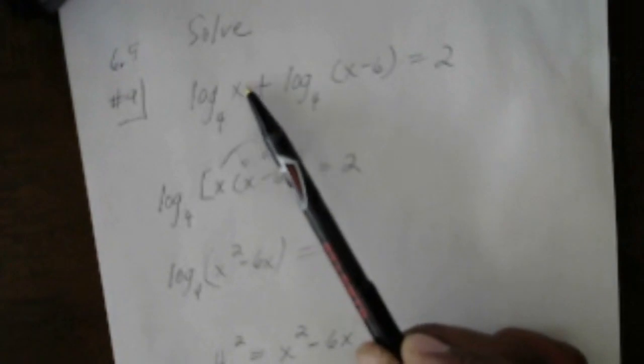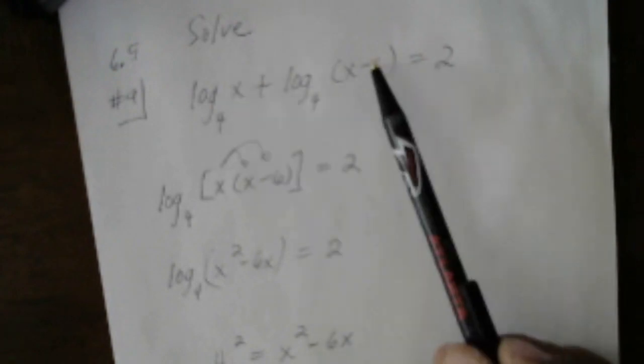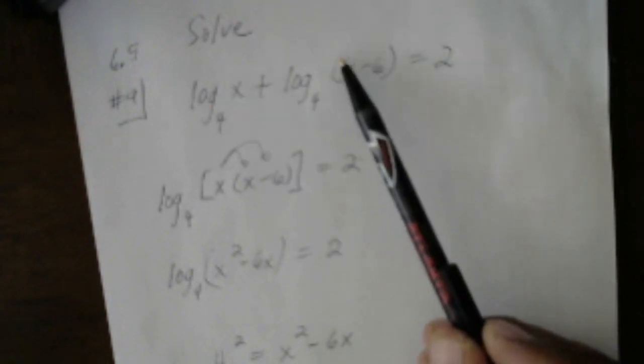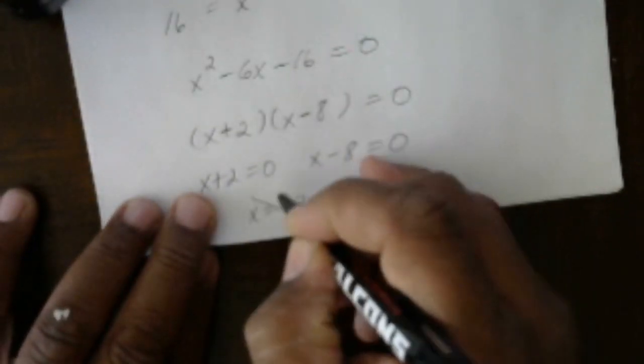So if I were to check these, first I'm going to check negative 2. If x were negative 2, that would leave me with a negative argument here, which isn't possible. If this were negative 2, I'd have negative 8, which is not possible. So I want to discard negative 2.